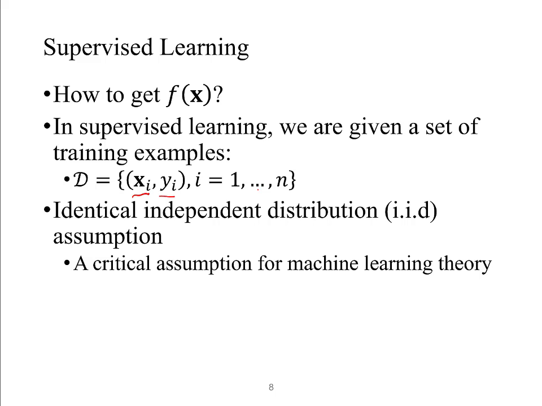And there is a very important assumption, which is also a critical assumption for machine learning theory. The assumption is that all these training examples are identically and independently distributed in the training data. This means they all have the same distribution, and any two training examples are independent from each other.